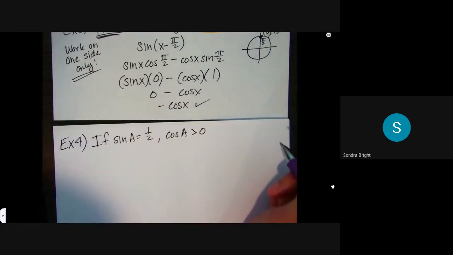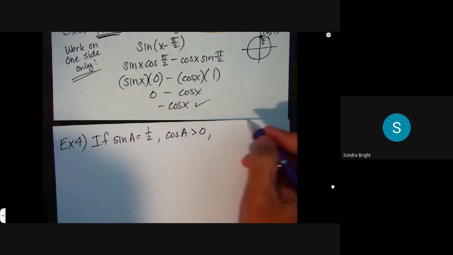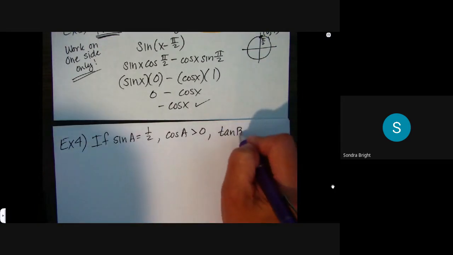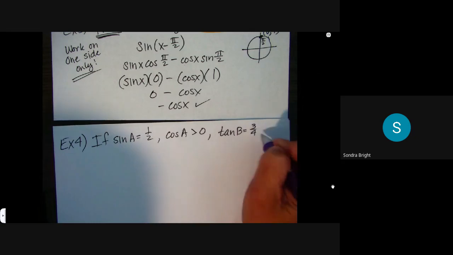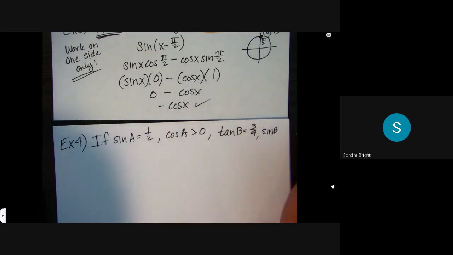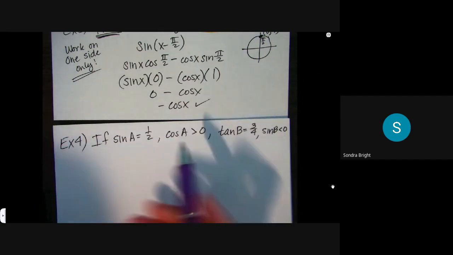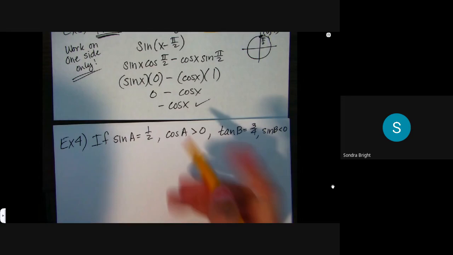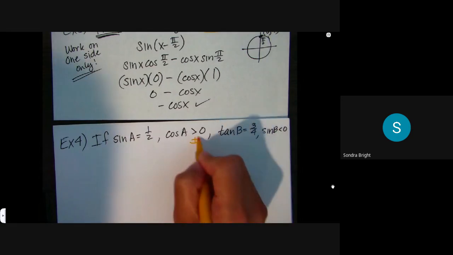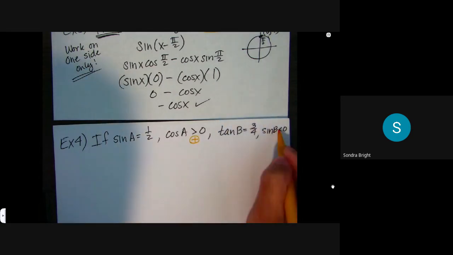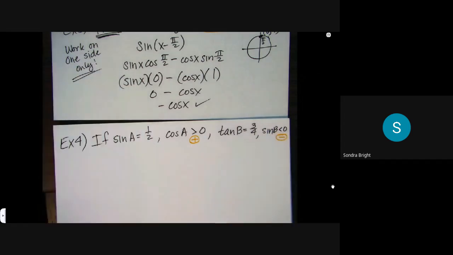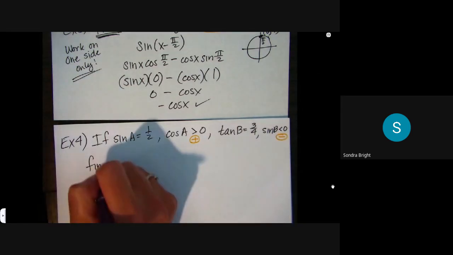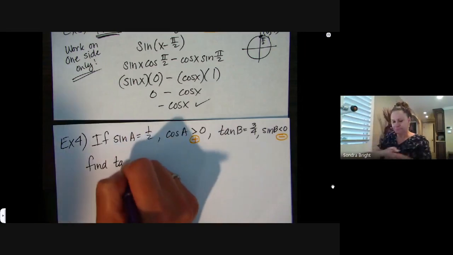If tangent of B is 3/4 and sine of angle B is less than 0, that means it's negative. Less than 0 means negative. Greater than 0 means positive. We're going to find tangent of A plus B.